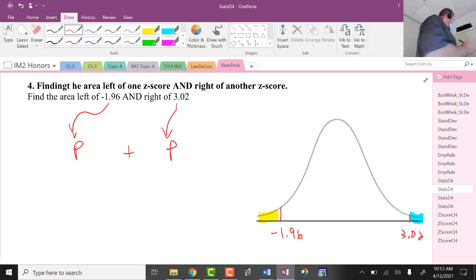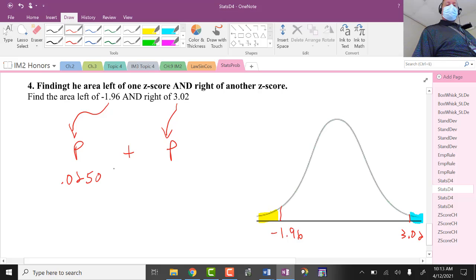So the negative 1.96, I'm not going to the chart anymore. If you don't know how to read that at this point, I think there's something missing. It's 0.0250, right? Now that's good because that is the area left of negative 1.96, the way this sheet is constructed. But for 3.02, you should have gotten 0.9987.